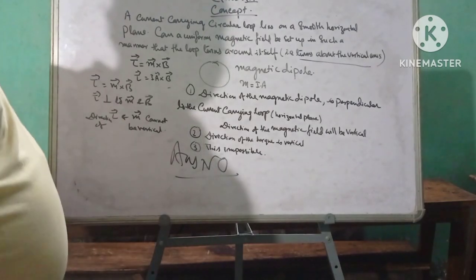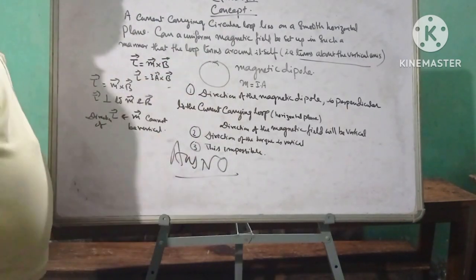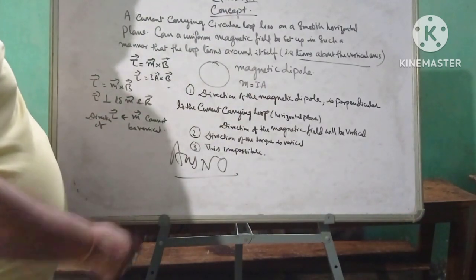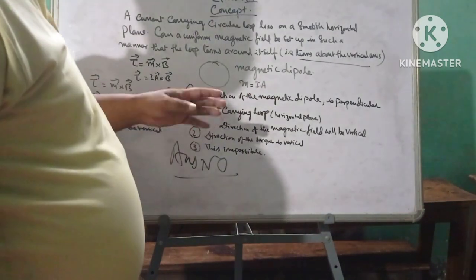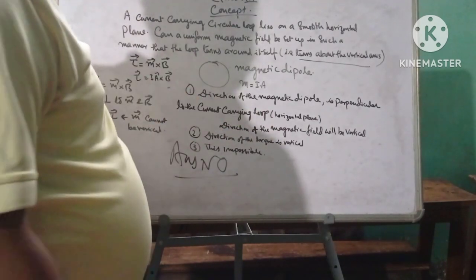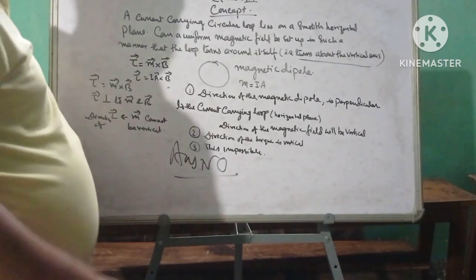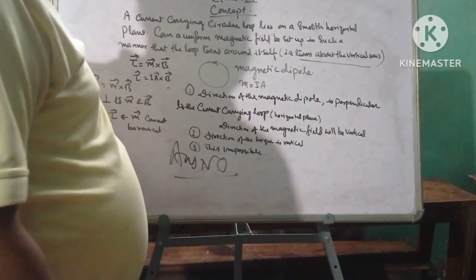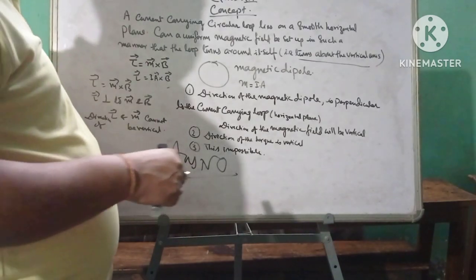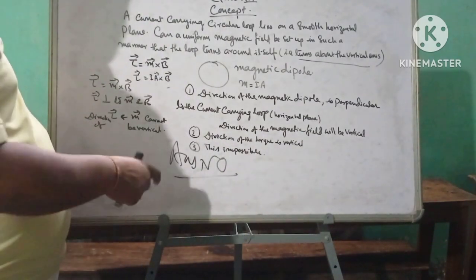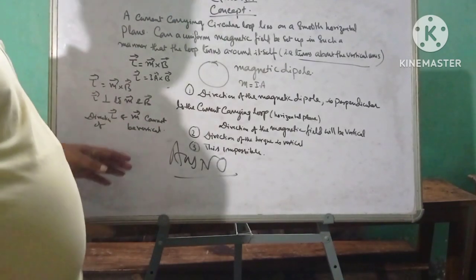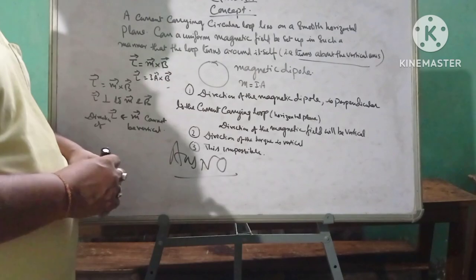Remember that a current carrying loop is a magnetic dipole, m equal to I into A, and its direction is perpendicular to the loop. The loop is in the horizontal plane, so the dipole is vertical, and the torque must also be vertical to rotate the loop about the vertical axis. Both can't be vertical at the same time, so the answer is no.